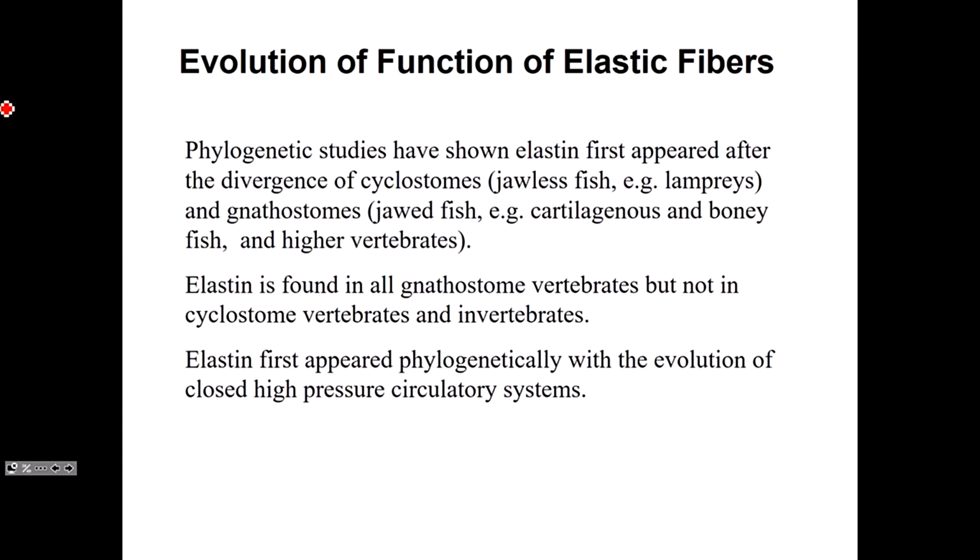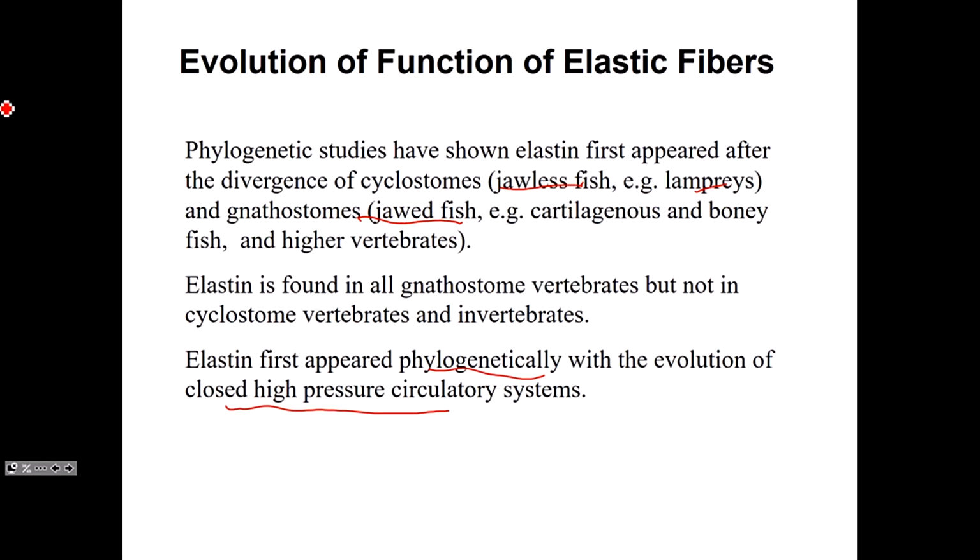Okay, so much for collagen fibers. Elastic fibers. Elastic fibers are completely different to the collagens, different gene products. And the evolution of elastic fibers is much more recent. They are present in jawed vertebrates, but not present in jawless vertebrates like lampreys, okay, which is kind of interesting. And it turns out that elastic fibers first appear in these jawed vertebrates, it's thought in response to these jawed vertebrates having a high pressure closed circulatory system.